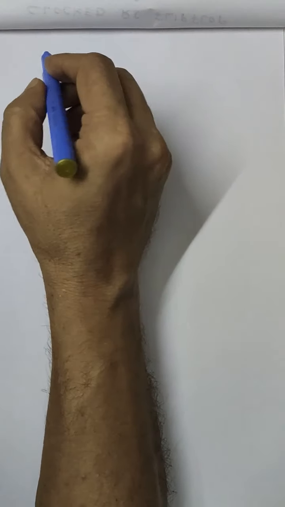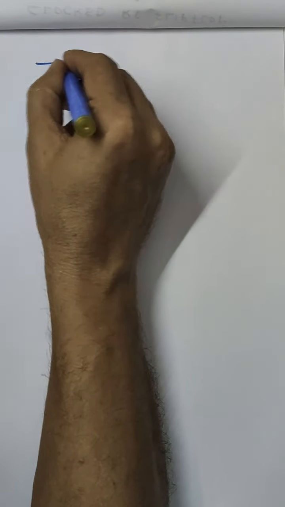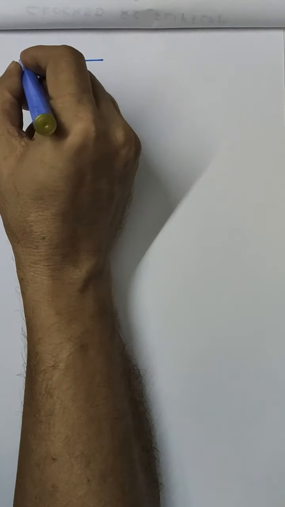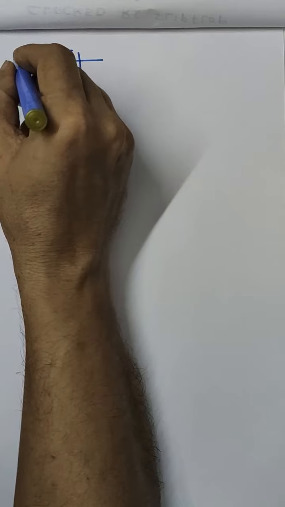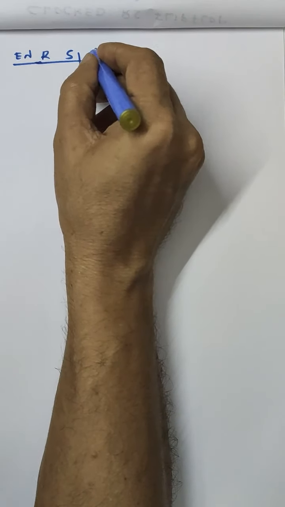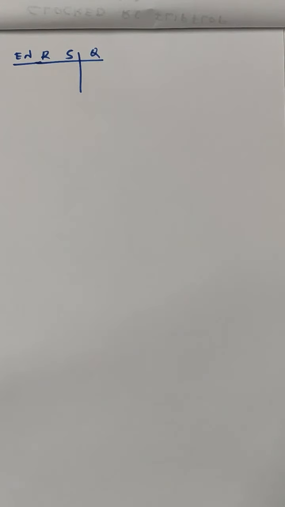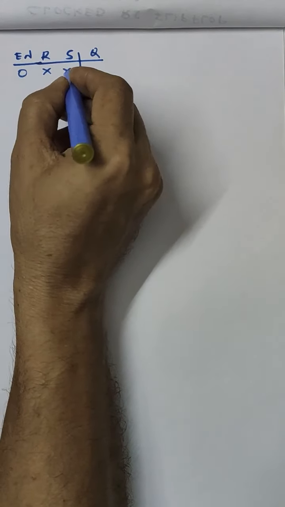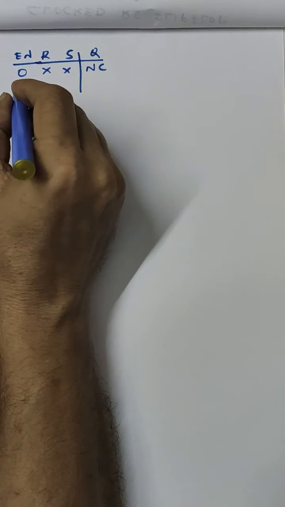Again, we can come to the truth table of a clocked RS flip-flop to study further modification of the RS flip-flop. I am writing enable 0, XX, no change.